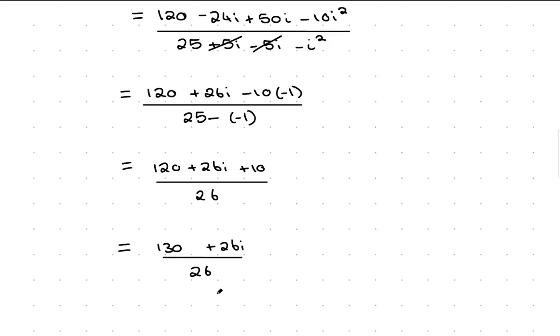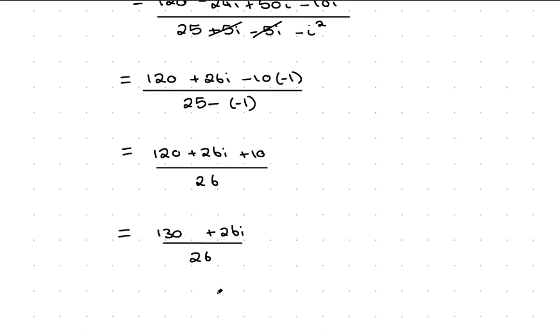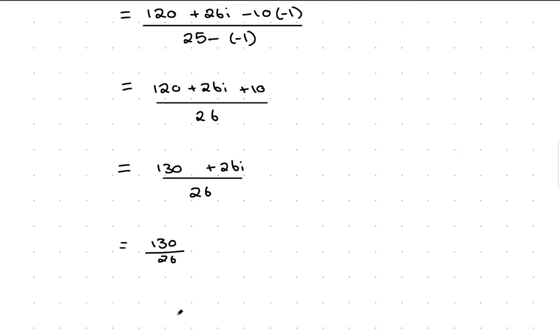Remember that a complex number is made up of two parts, the real part and the imaginary part. So we must always separate it out into the real part and the imaginary part. And if you tidy that out, what you'll actually get is 130 divided by 26 is nice, and it's 5. And 26 divided by 26 gives us 1. So we get 1i.